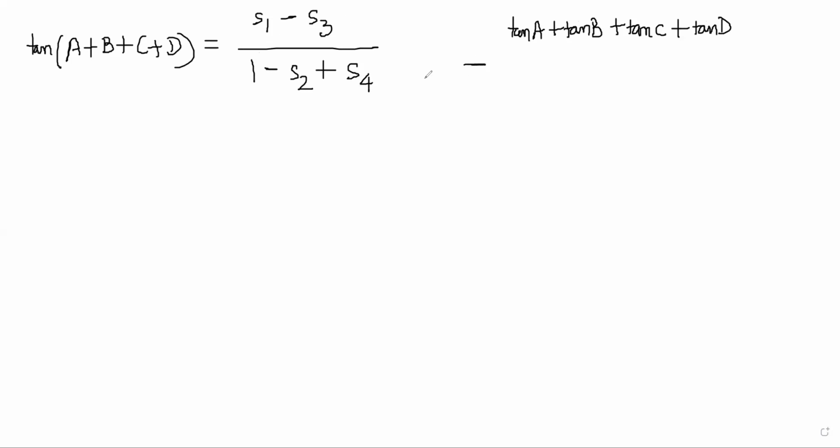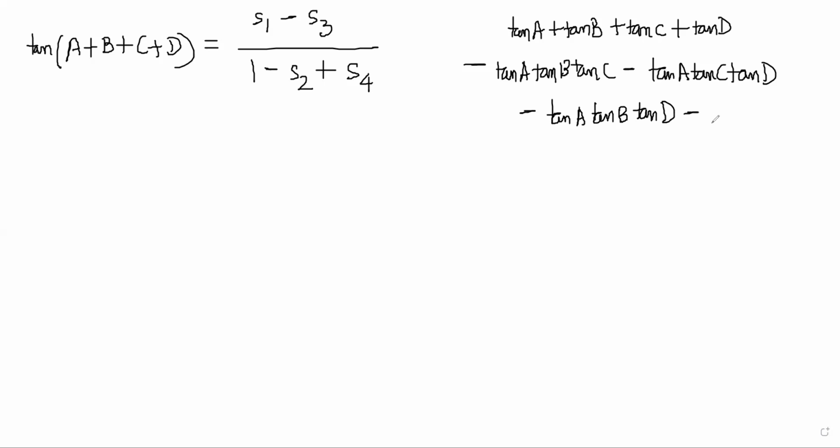Minus S3 will be 3 at a time. It can be A, B, C. It can be A, C, D. It can be A, B, D. And it can be B, C, D. No other term you can make 3 at a time.